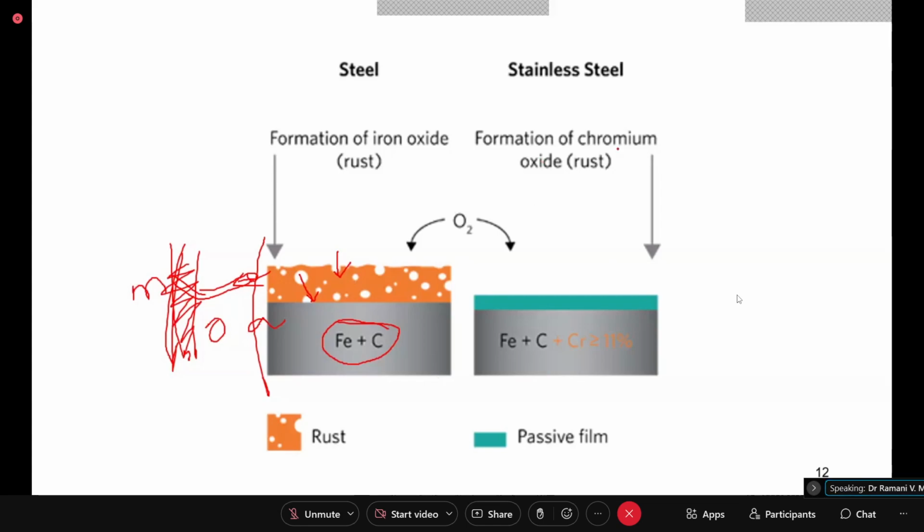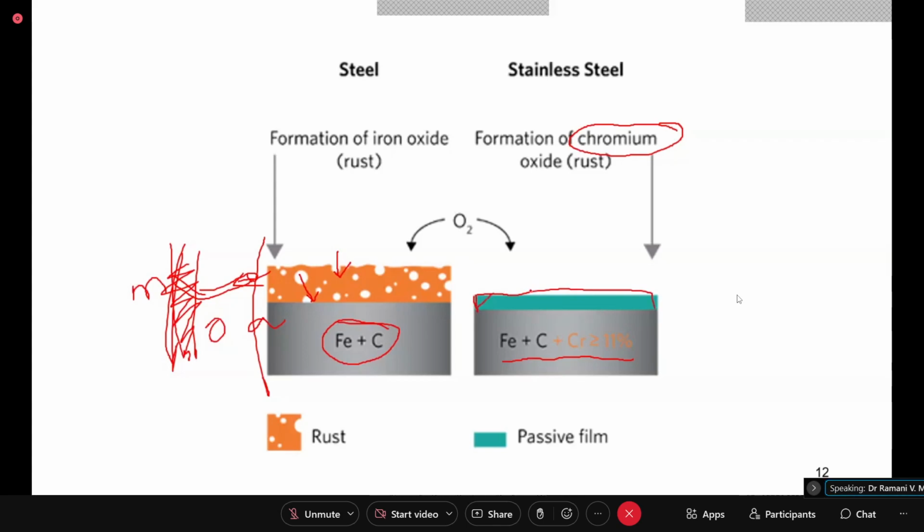Whereas if you add a small quantity of chromium to this particular steel when it is in molten condition, it will form an alloy. Now, with an alloy of iron, carbon and chromium percentage greater than 11%, it leads to formation of a very stable non-porous film on the surface of iron.